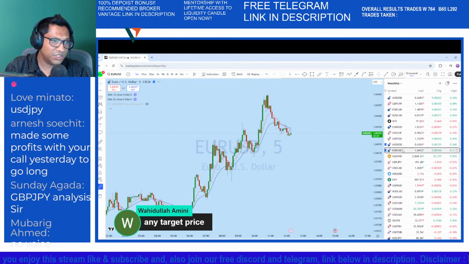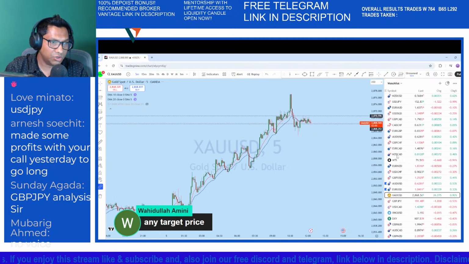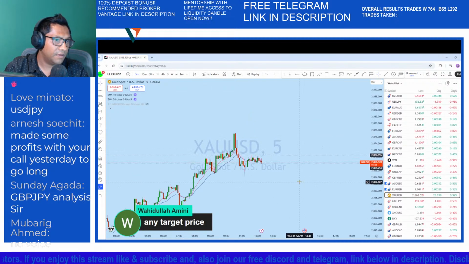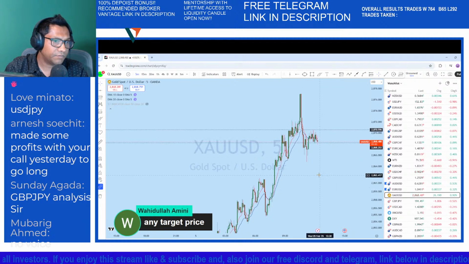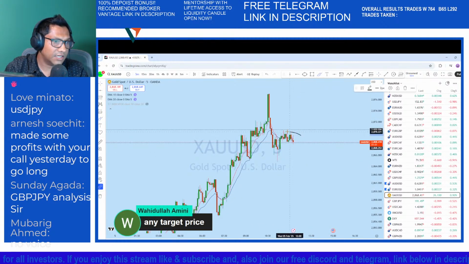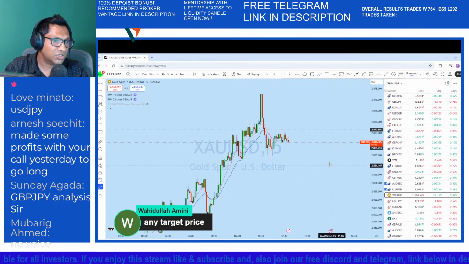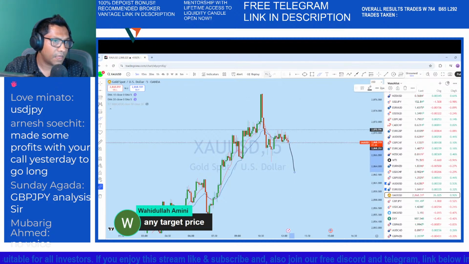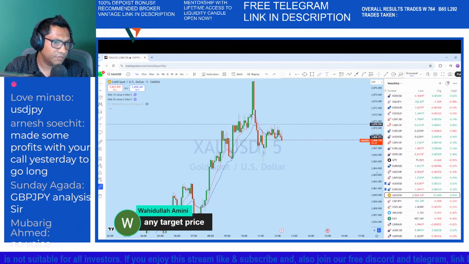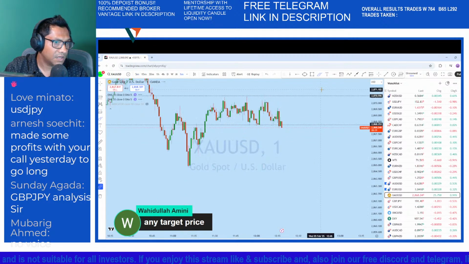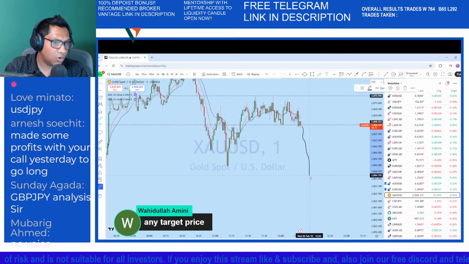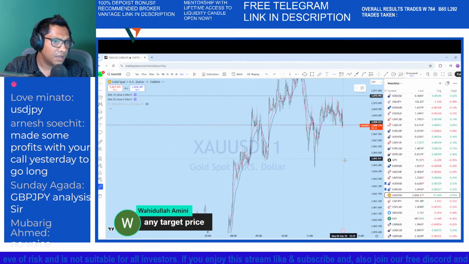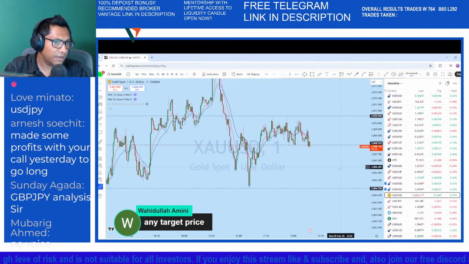Let's look at Euro USD and XAUSD in this market. On XAUSD, this is a structure. With that structure, we might see the market potentially coming down from it here. Yeah, this is what you can see. So we might see a local downtrend here and an important level of support.